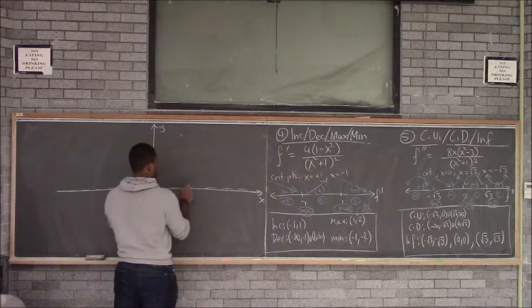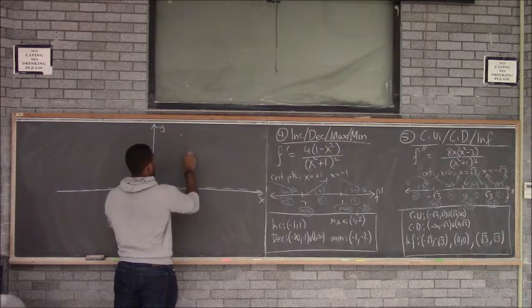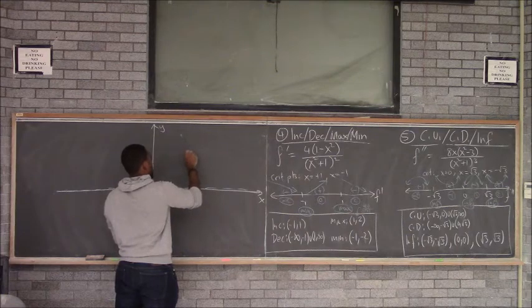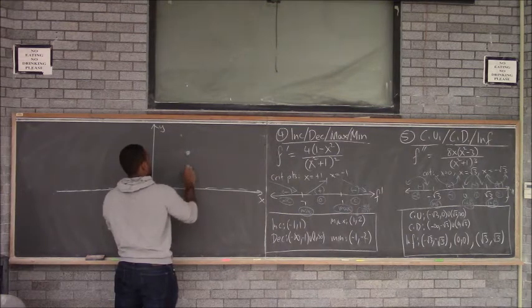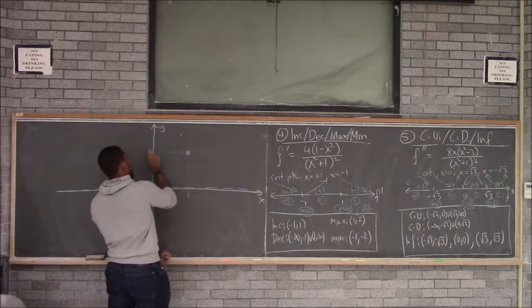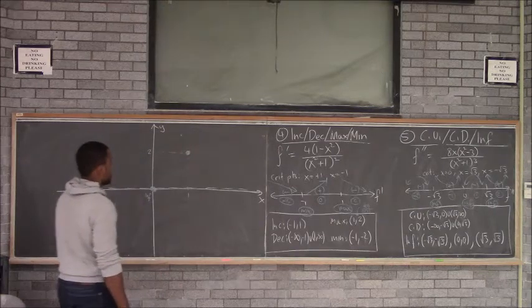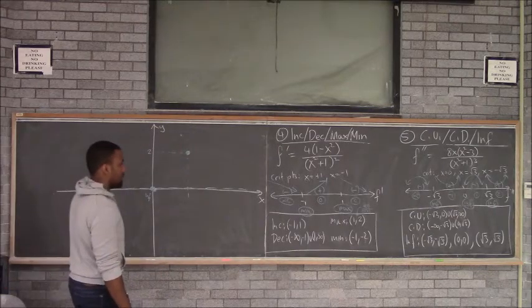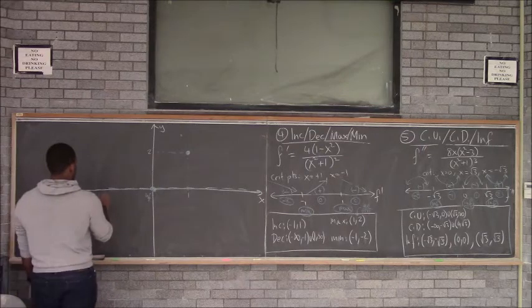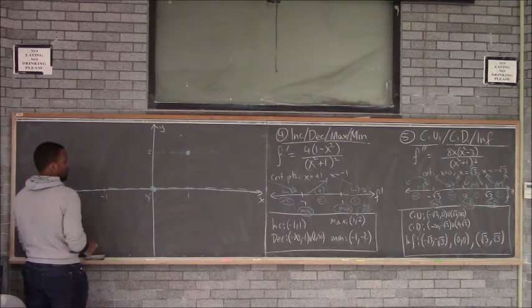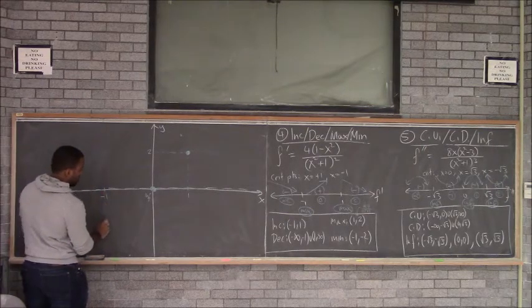Let's call this 1, and let's call that 2. And we had a minimum at minus 1, comma minus 2.